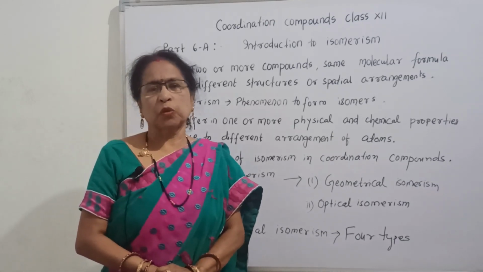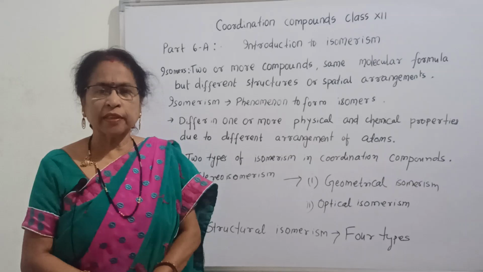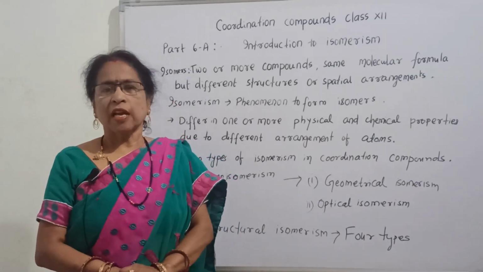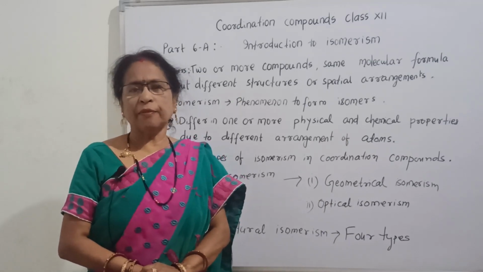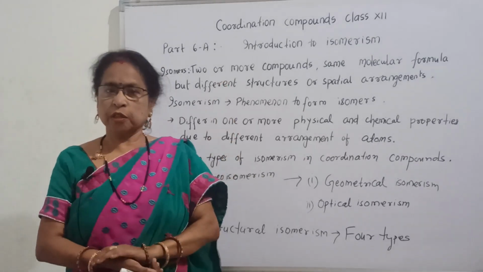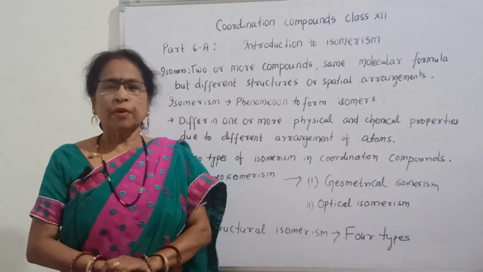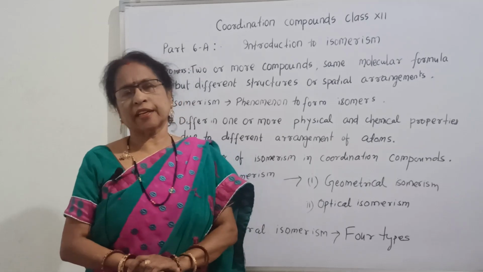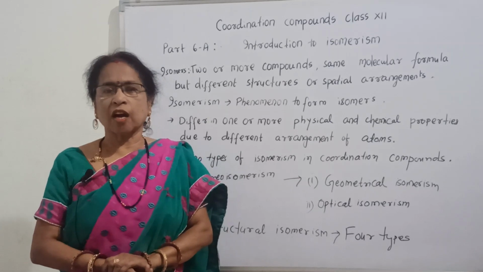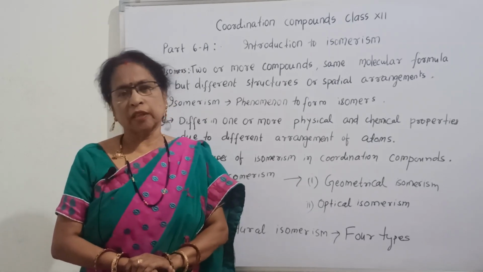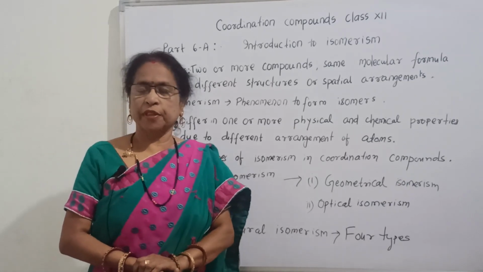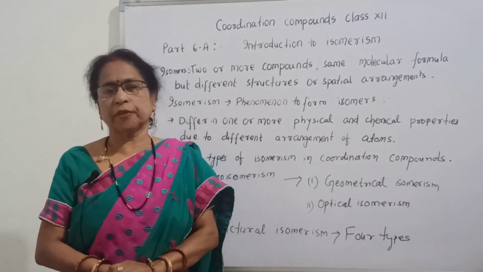Part 1, part 2, part 3, and after that part 4a, b, c, d, and also 5a, b, c. After that you read the introduction to isomerism, because all are related in different ways. So please start from part 1 and continue up to part 5c.